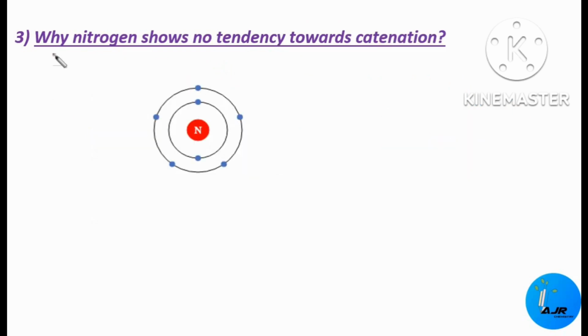Understood, students? The next important one is why nitrogen shows no tendency towards catenation. Obviously, nitrogen has a low atomic number, that is, a small atomic size, and this is a single N-N bond. Nitrogen is a diatomic molecule, so this single N-N bond is weaker than the single P-P bond present in phosphorus.